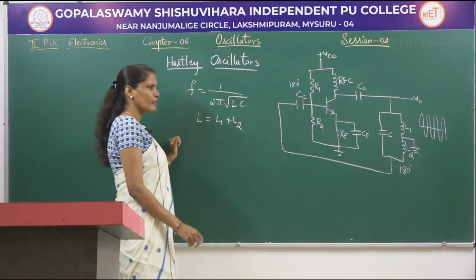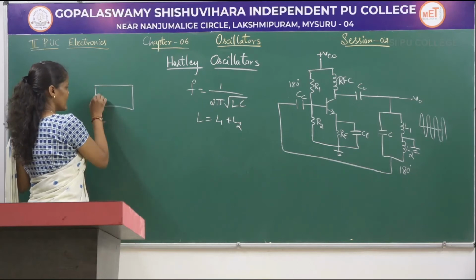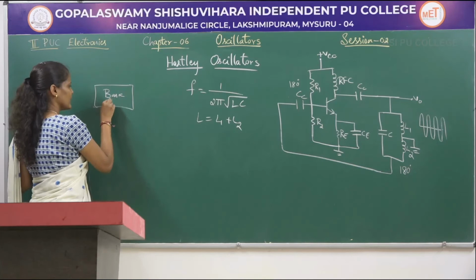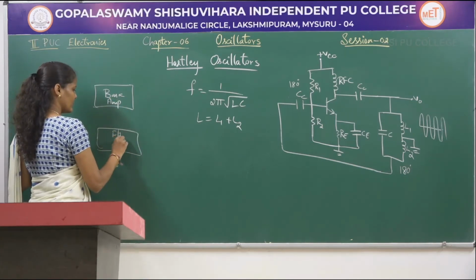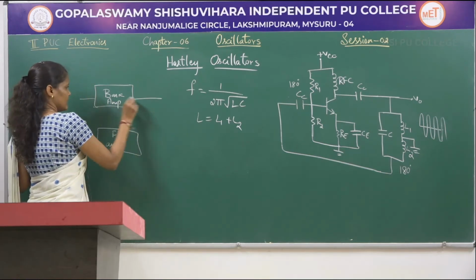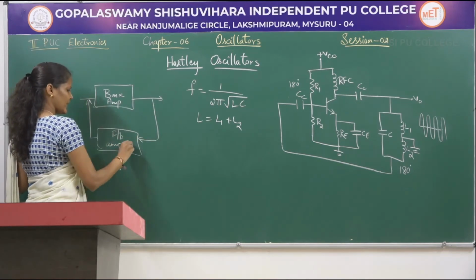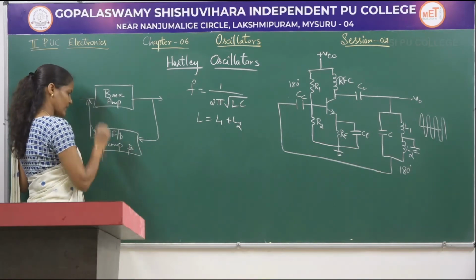Here the feedback, as we had seen in the basic oscillator circuit, we have a basic amplifier and here we have a feedback amplifier. The feedback amplifier had a gain of beta and the output voltage was named V0.